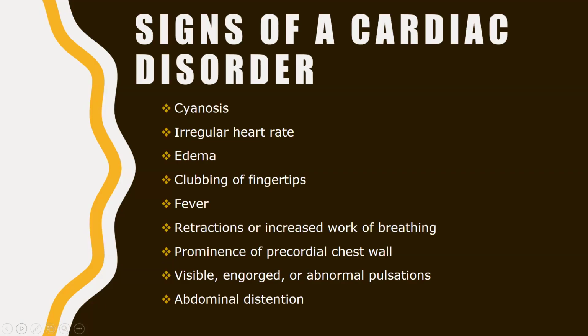Signs of a cardiac disorder would include cyanosis, irregular heart rate, edema, clubbing of the fingertips, fever, retractions or increased work of breathing, prominence of the precordial chest wall, visible engorged or abnormal pulsations, and abdominal distension.